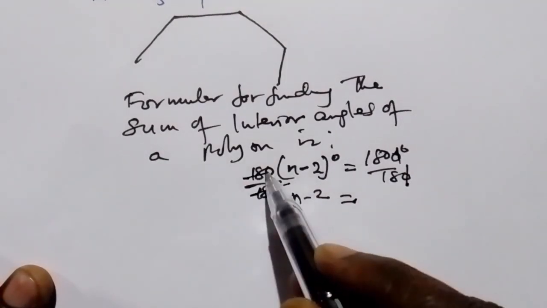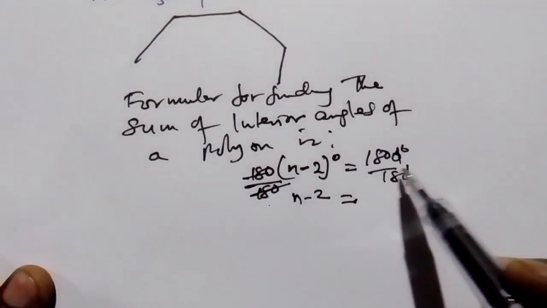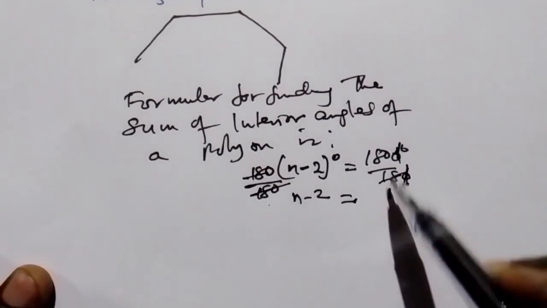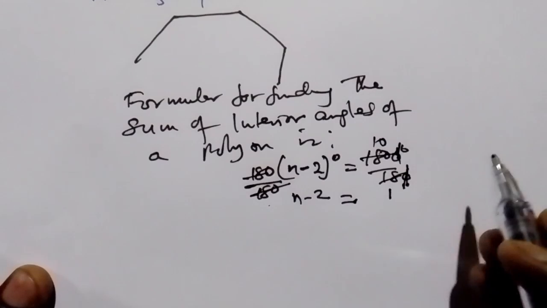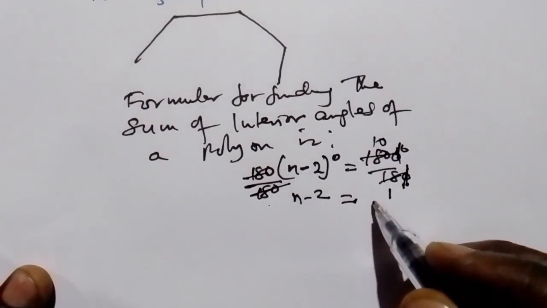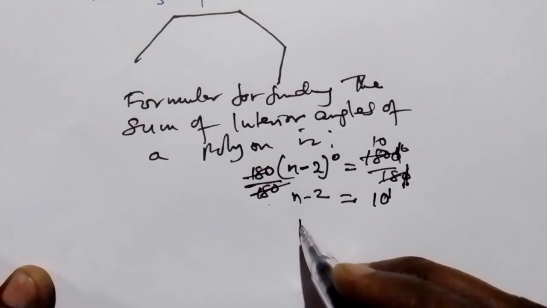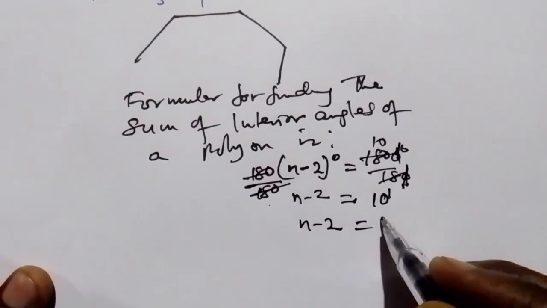This one cancels this one here. 180, 1, 1. 18, 1, 18, 10. So n minus 2 is equal to 10.